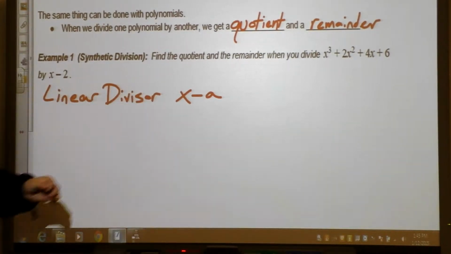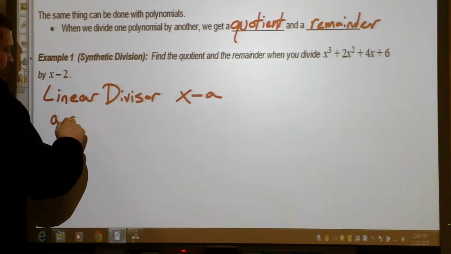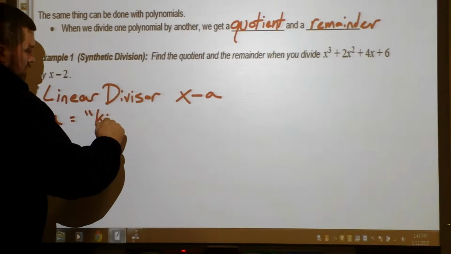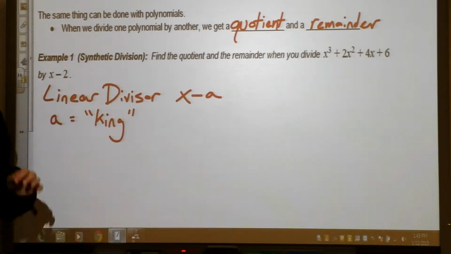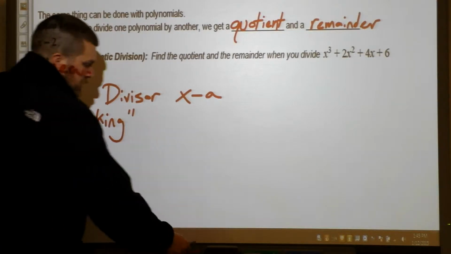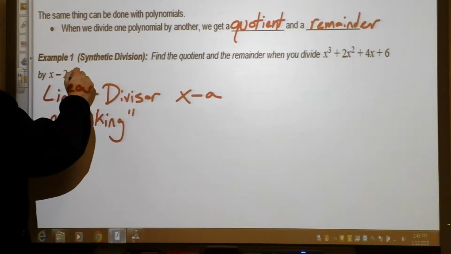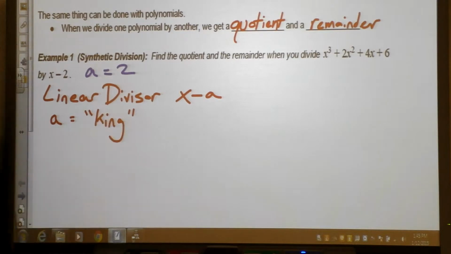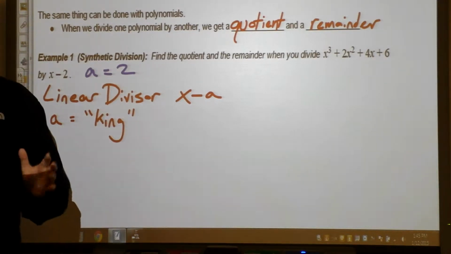Where this a is going to be our king. And it's what does the dividing. How big of a slice will everybody at the party get? So for this particular example, a equals 2. Okay, so what I'm going to do is actually set up my oven.